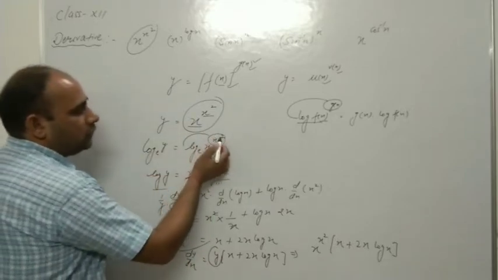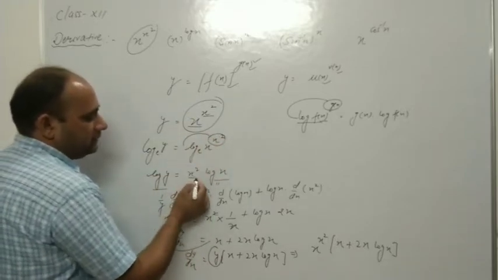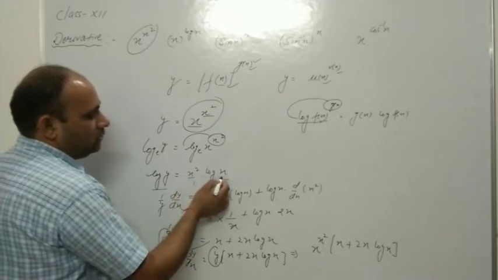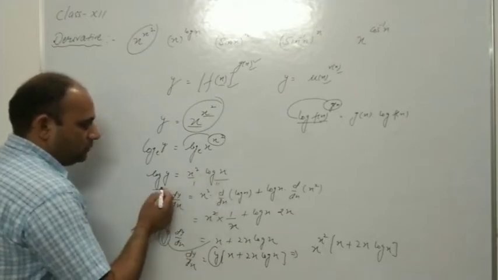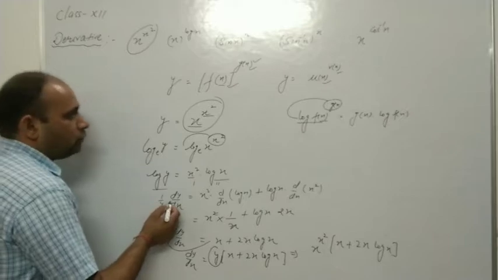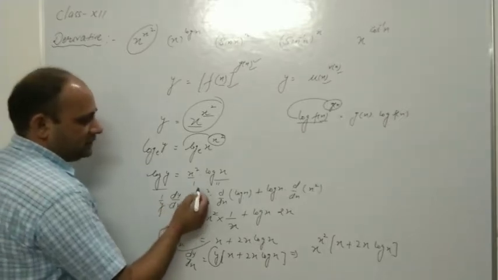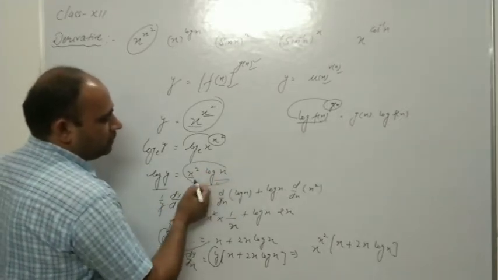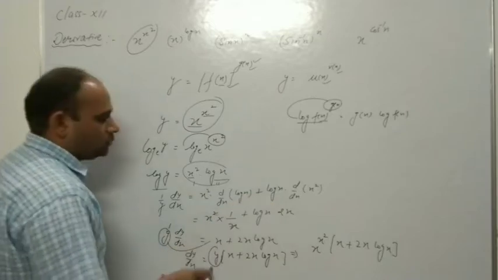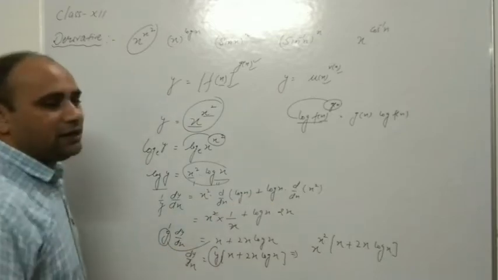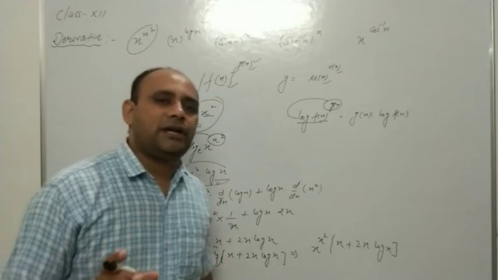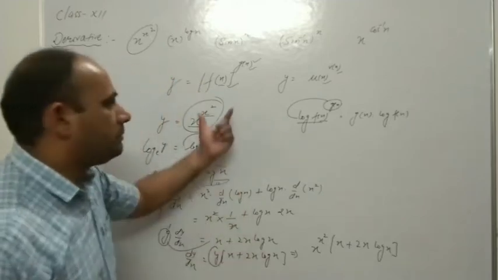You know the property of log, power becomes multiple, so x square dot log x. Now the derivative of log y is 1 upon y dy by dx. Here you will apply the product rule. So by using this process we can find the derivative of this type of problem.